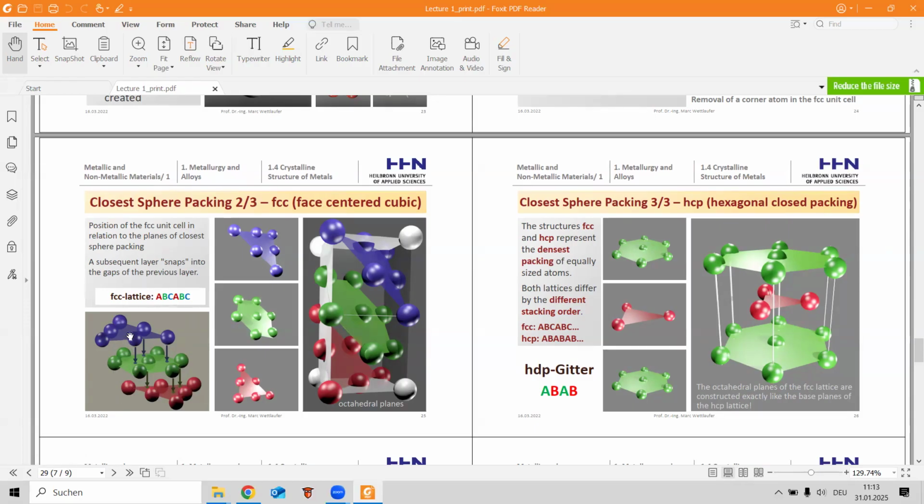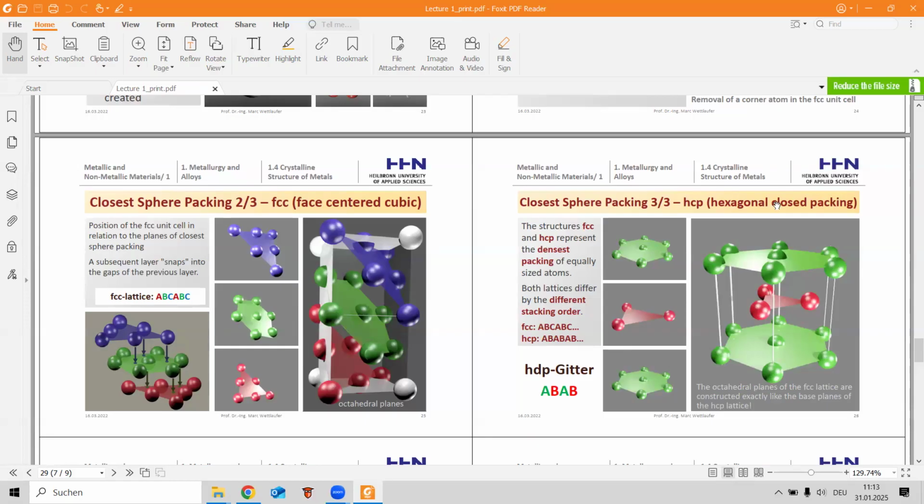So here are layers in CBA stacking. They snap into the gaps here. And these three are octahedral planes.